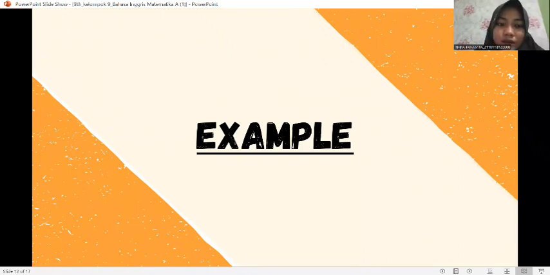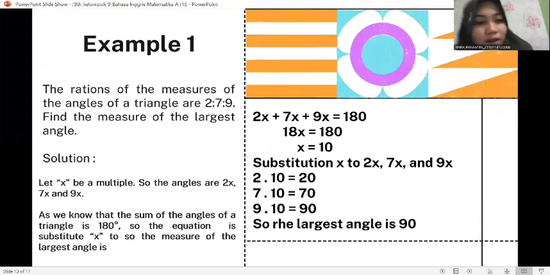We explain about examples. Example 1: the measures of the angles of a triangle are in the ratio 2 to 7 to 9. Find the measure of the largest angle. The solution is, let x be a multiple.